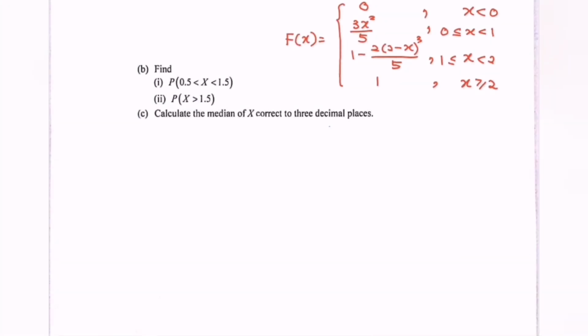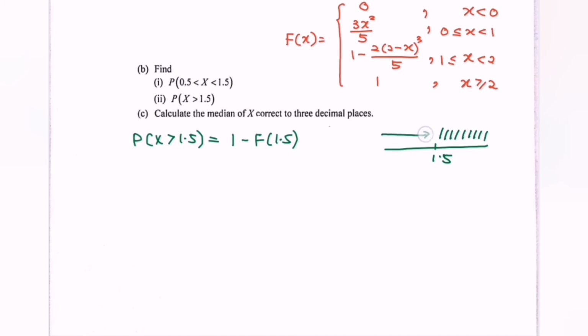Kindly refer to number 2, where we want the probability of x greater than 1.5. Here, my suggestion is to make use of 1 minus F(1.5). Reason: the capital F, which is the CDF, goes from the left, from 0 or negative infinity, until 1.5 when we write F(1.5). But we are interested in x greater than 1.5. For example, here you have 1.5, and the question is interested in this part. The characteristic of the CDF is towards the left-hand side.